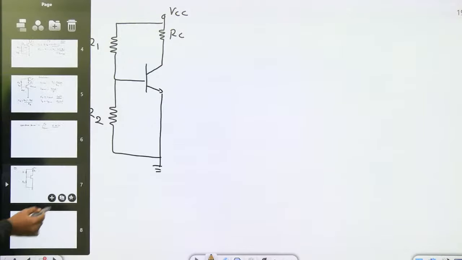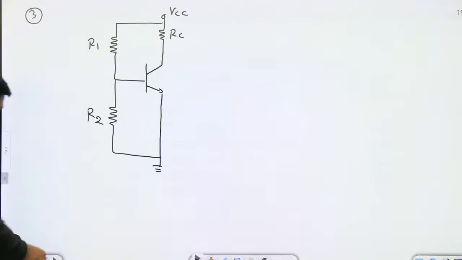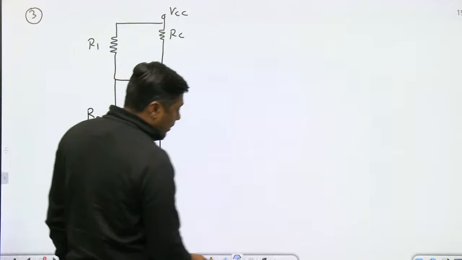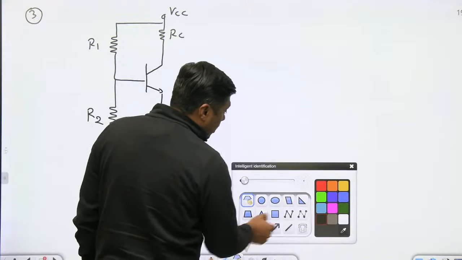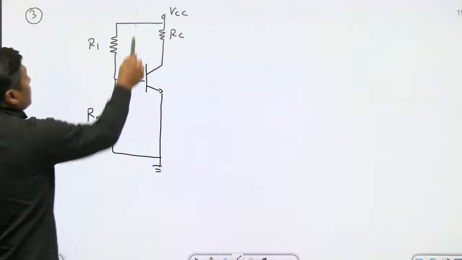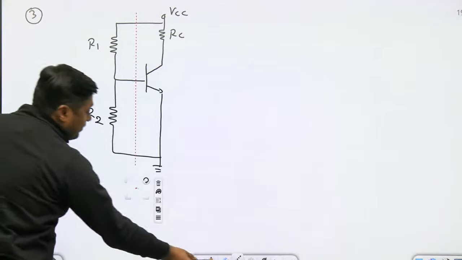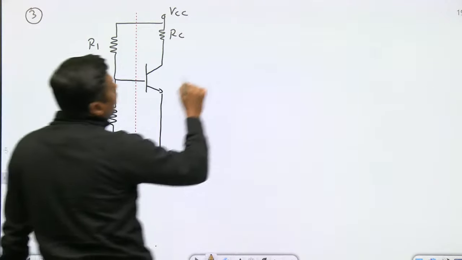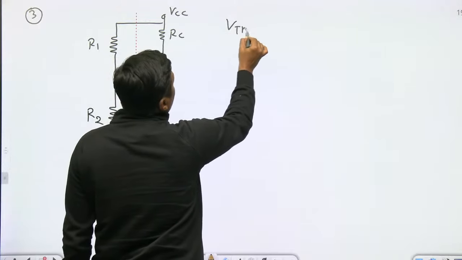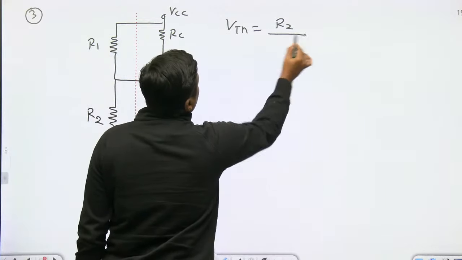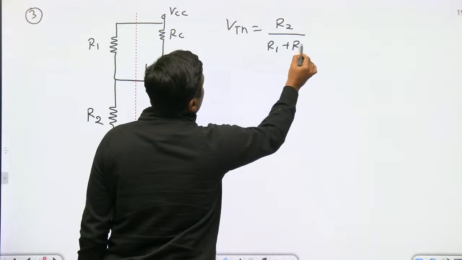We can solve it by two methods. First, normally students say that we have to apply Thevenin's theorem. At this point we apply Thevenin's and find the value of VTH. What is the value of VTH? R2 by R1 plus R2 into VCC.